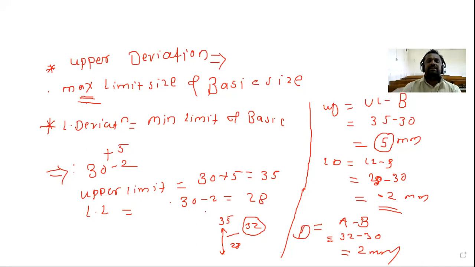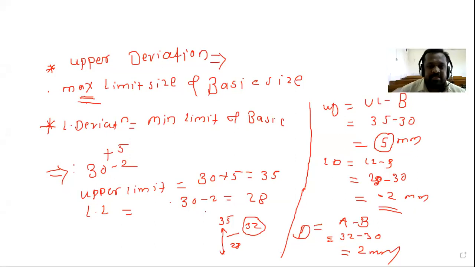Then again, deviation has two types. First is the upper deviation, and second is the lower deviation. What is meant by the upper deviation? Upper limit minus basic size.